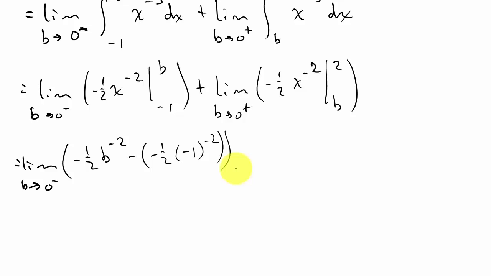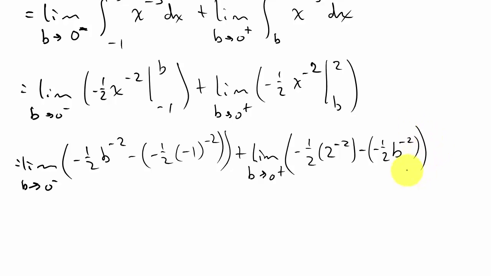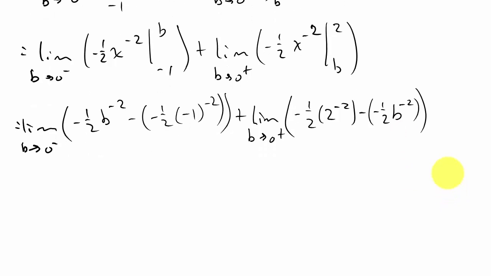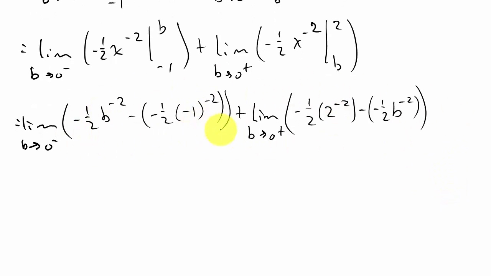Now this gives us the limit as b goes to 0 from the right, and I'm going to do the same thing here. That's negative 1/2, and I plug the 2 in, so that's 2 to the negative 2, minus negative 1/2, and I plug the b in, b to the negative 2. Now let's rewrite this a little bit and clean it up.